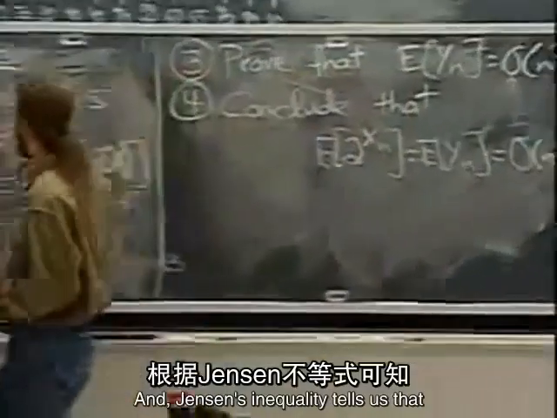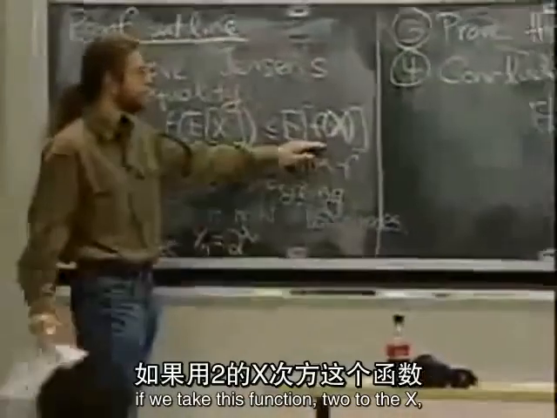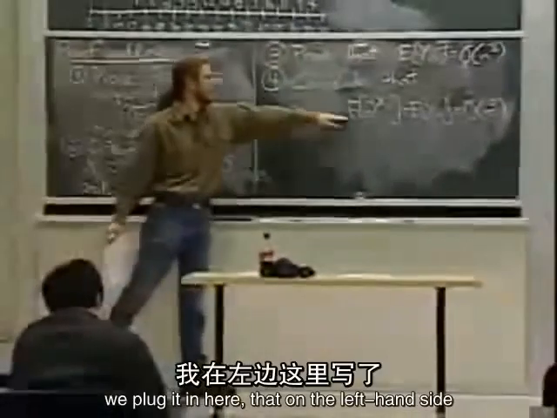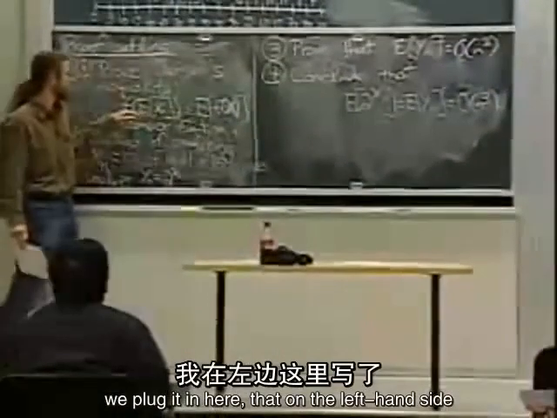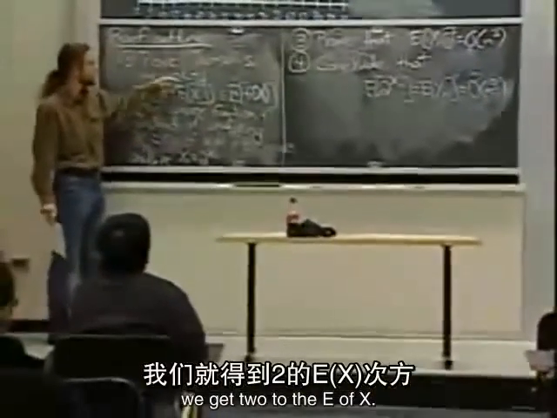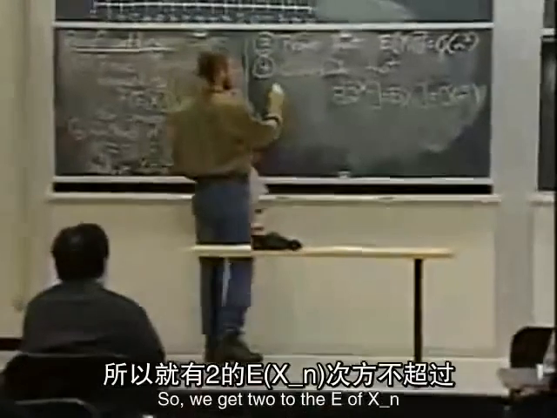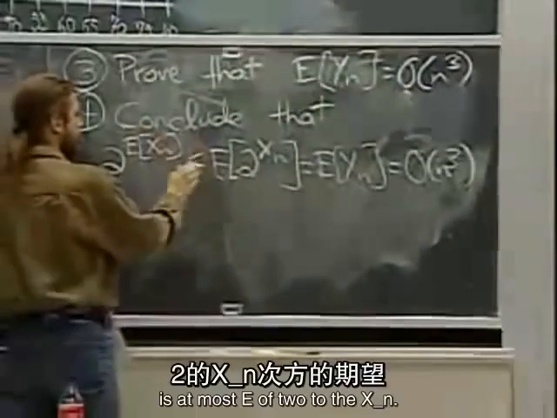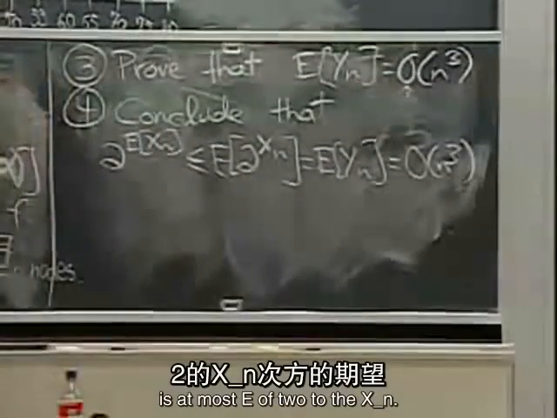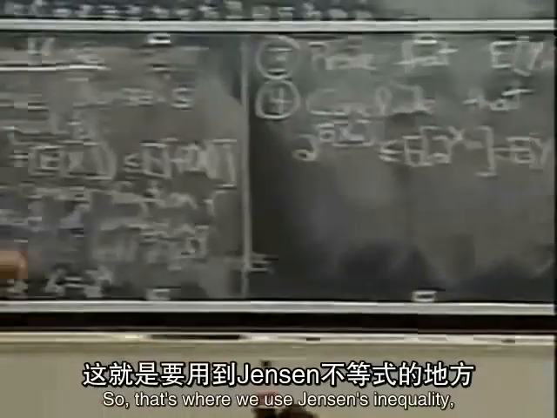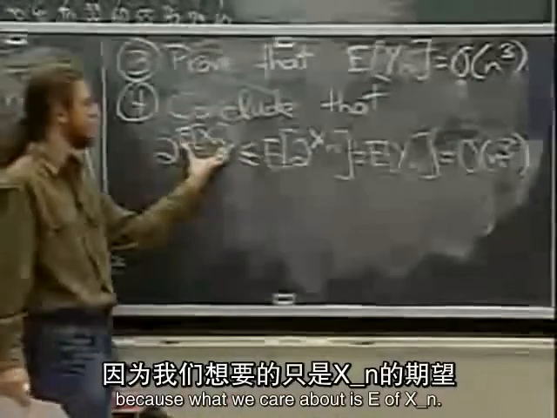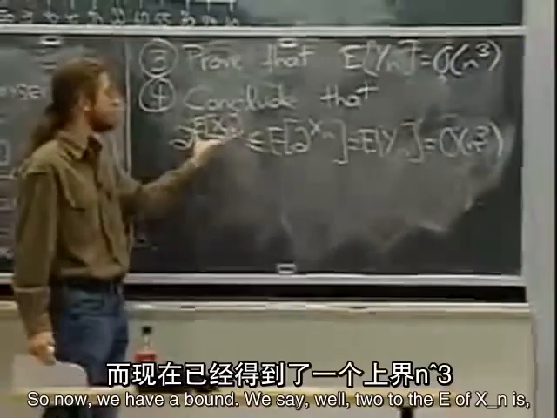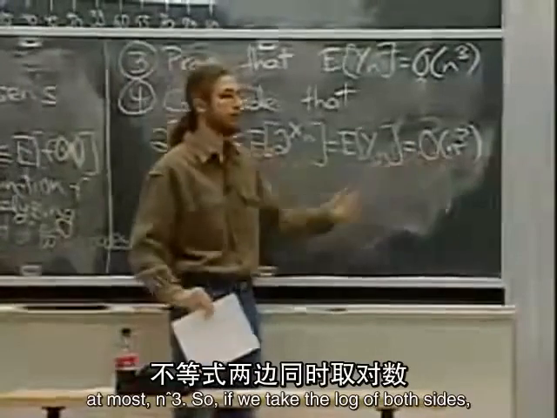And Jensen's inequality tells us if we take this function 2 to the x and plug it in here, then on the left-hand side, we get 2 to the E of X_n, which is at most E of 2 to the X_n. So that's where we use Jensen's inequality, because what we care about is E of X_n. So now we have a bound: 2 to the E of X_n is at most n cubed.